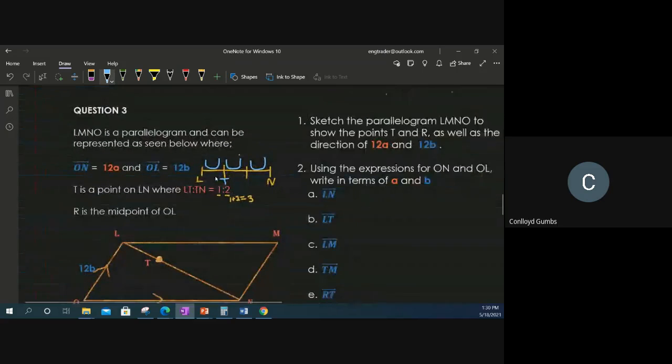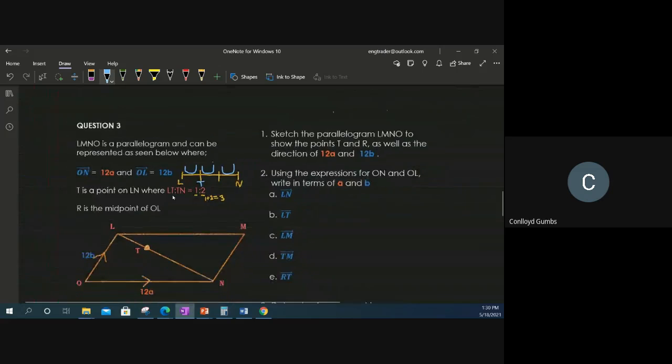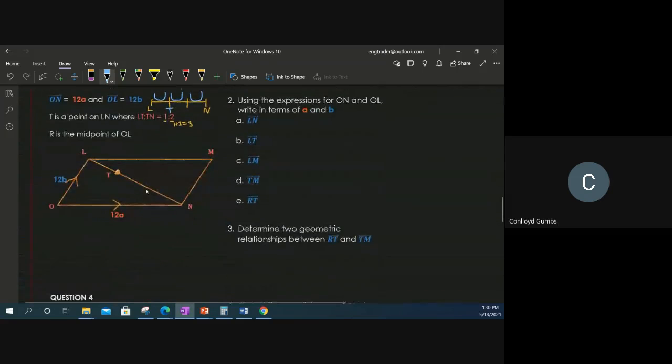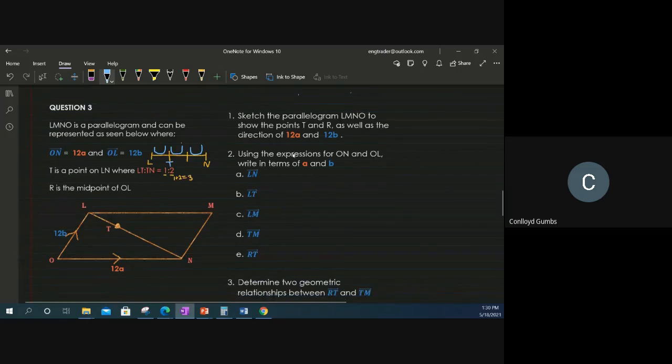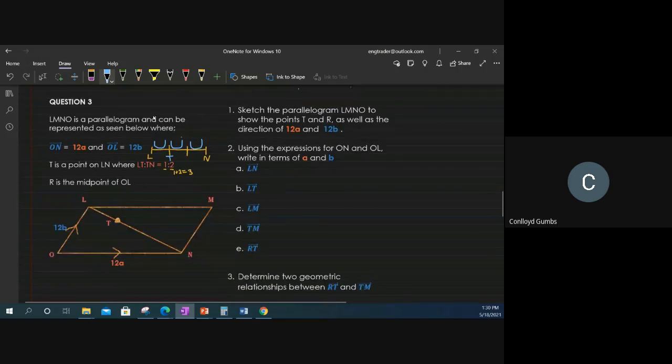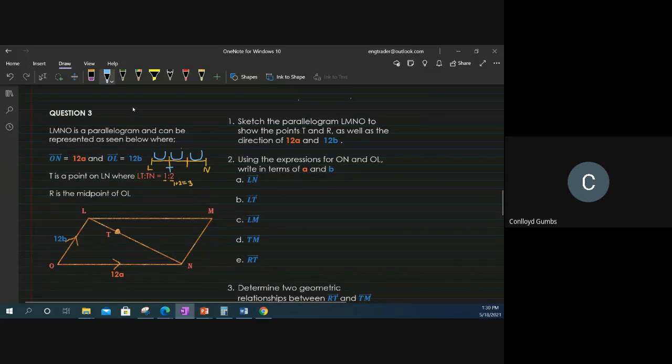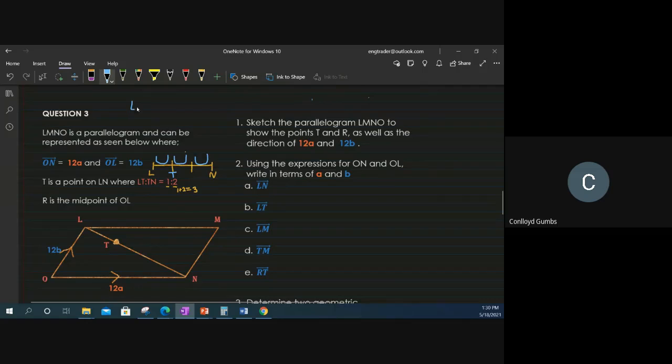Now, if I want to write an expression for L to T, I could write it here. LT is equal to 1/3 of LN.